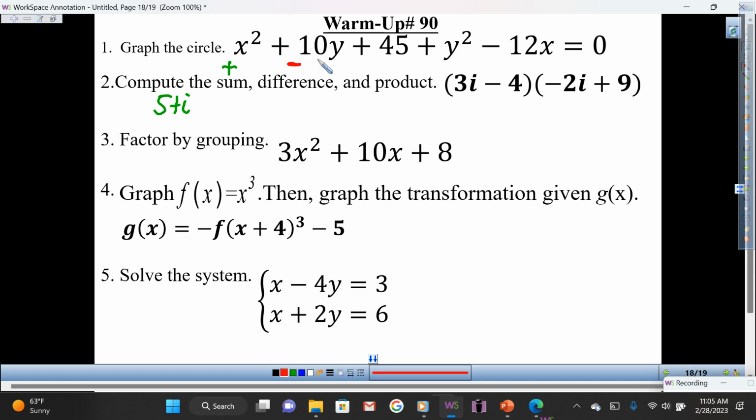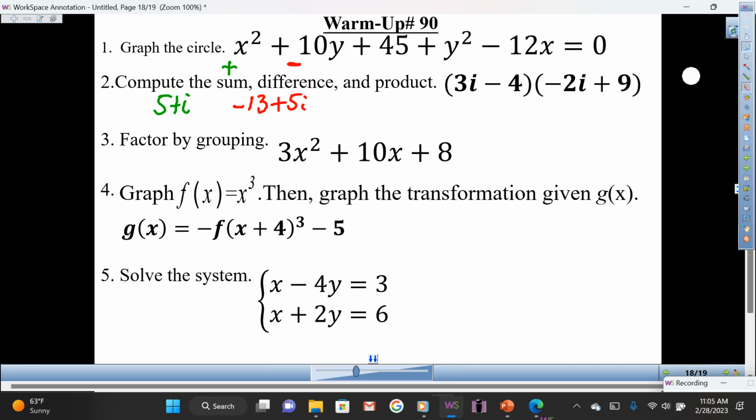Julian, what'd you get for the difference? Plus 5i. Hands, have we got that? Looks about right.